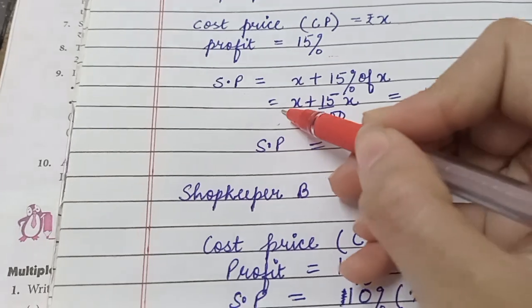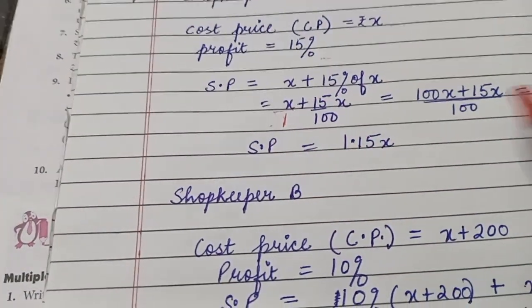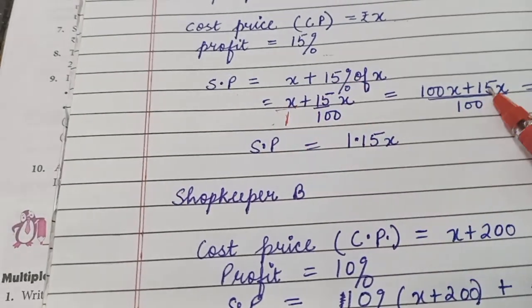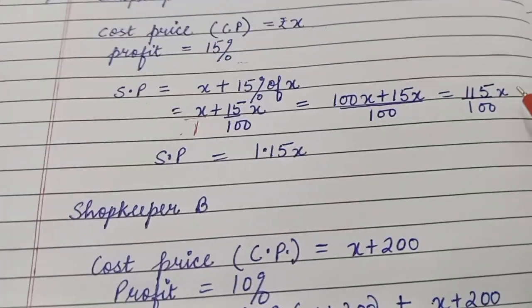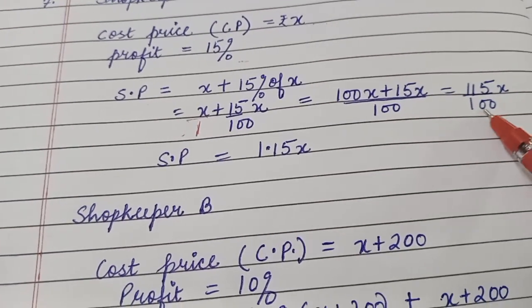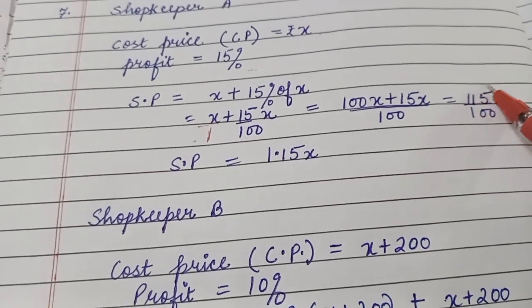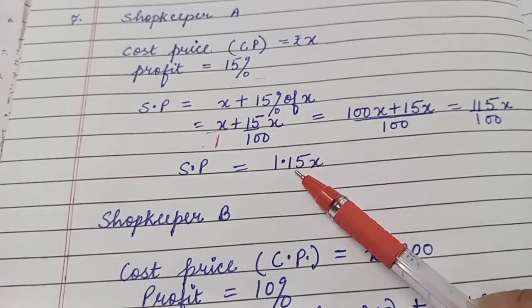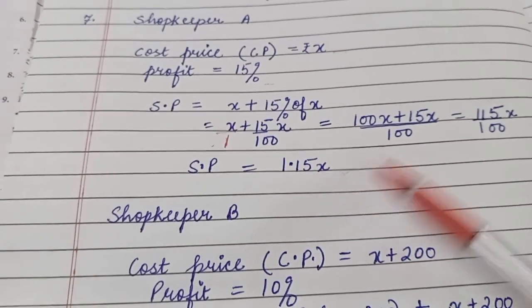Then we have to take the LCM, so it will be 100x plus 15x. After adding them we will get 115x upon 100. Since there are two zeros in the denominator, in the numerator after two numbers there will be a decimal. So 1.15x, this is the selling price.